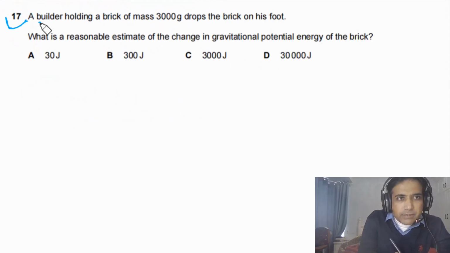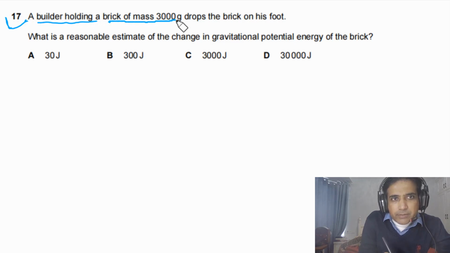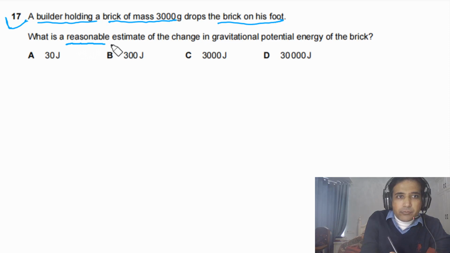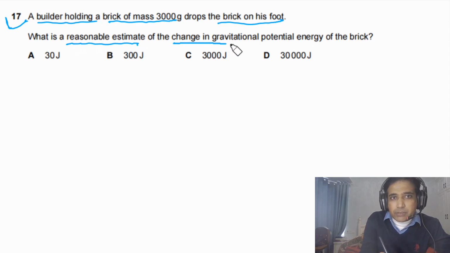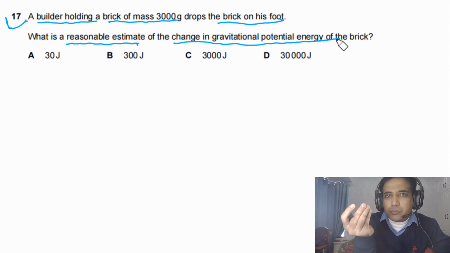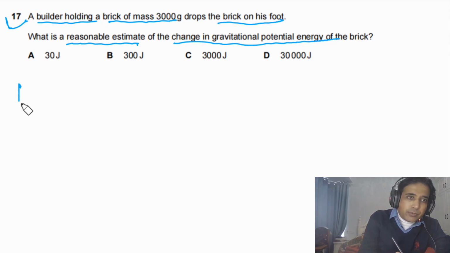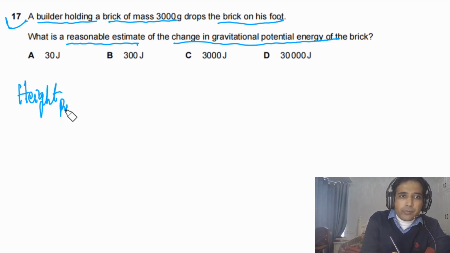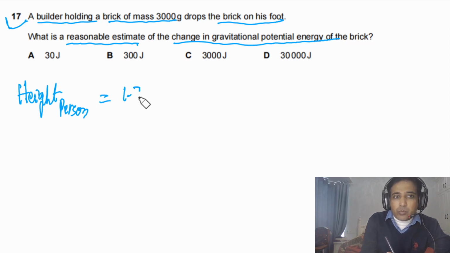Question 17 says a builder holding a brick of mass 300 grams drops the brick on his foot. What is a reasonable estimate of the change in gravitational potential energy of the brick? For this question we need to understand the average height of a person, which can be about 1.70 meters.